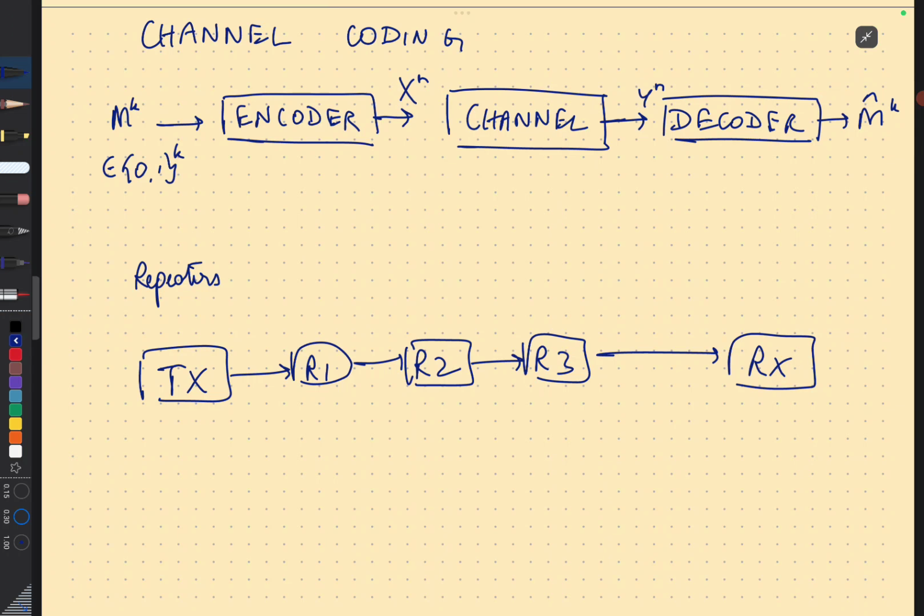But if you were to replace this analog communication system with a digital communication system, could you do better conceptually? Do you think there is hope of doing better?